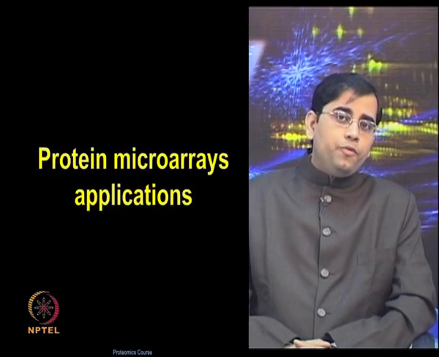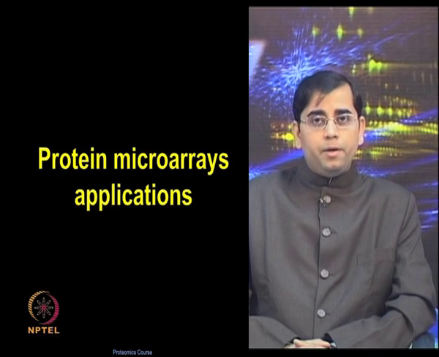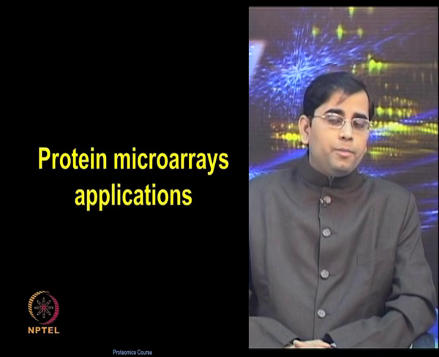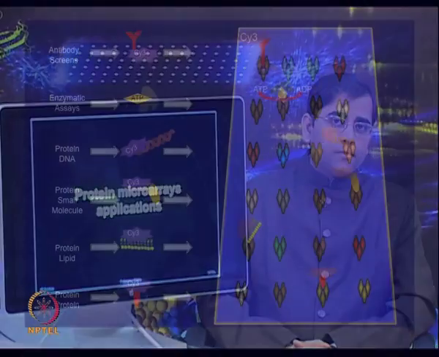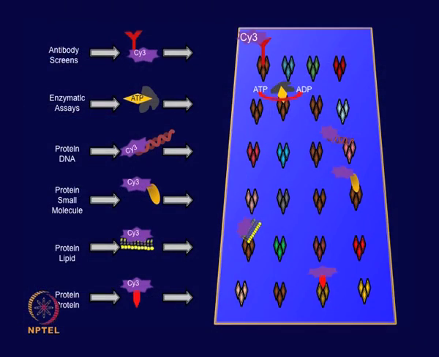After giving you an overview of the protein microarray experiment, let us now talk about protein microarray based applications. Protein chips have been employed to assay for a wide range of activities such as protein-protein interactions, protein-lipid, protein-nucleic acid including protein-DNA, and protein-small molecule or protein-substrate interactions.